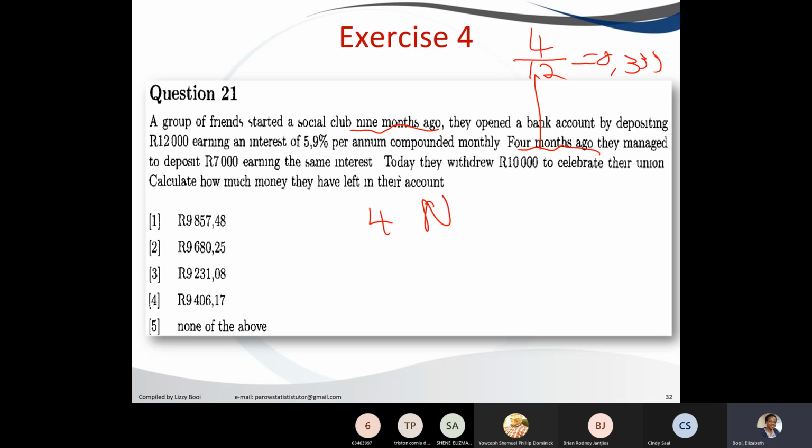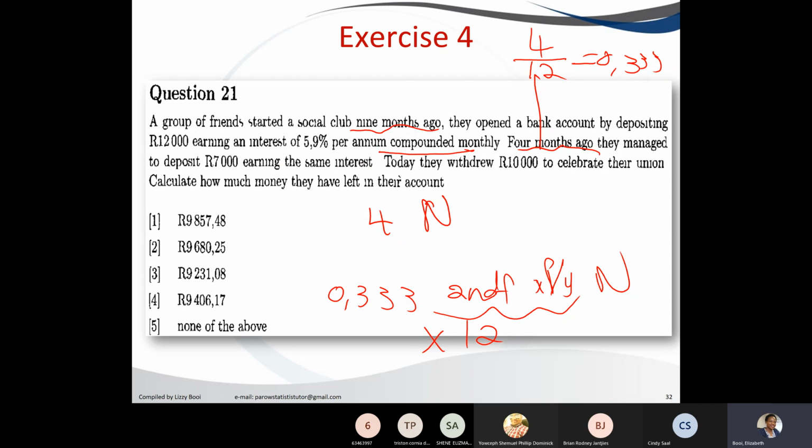When you go to your calculator and say 0.333 and then say second function, times P/Y, and then press n, you are going to multiply this by 12 because you stored the compounding period as 12. So 0.333 multiplied by 12 is equal to 4, and then you press n, which is the same thing as you just skip all these steps and say 4n, and that will be the answer.